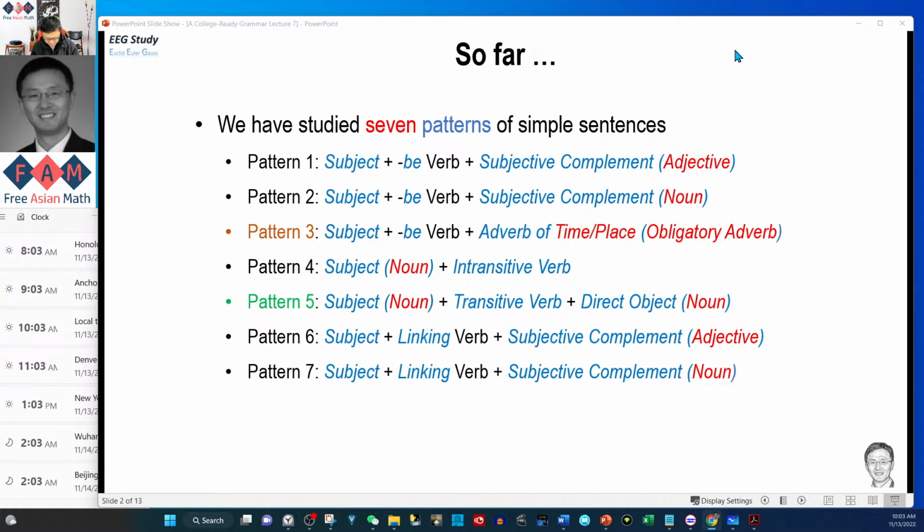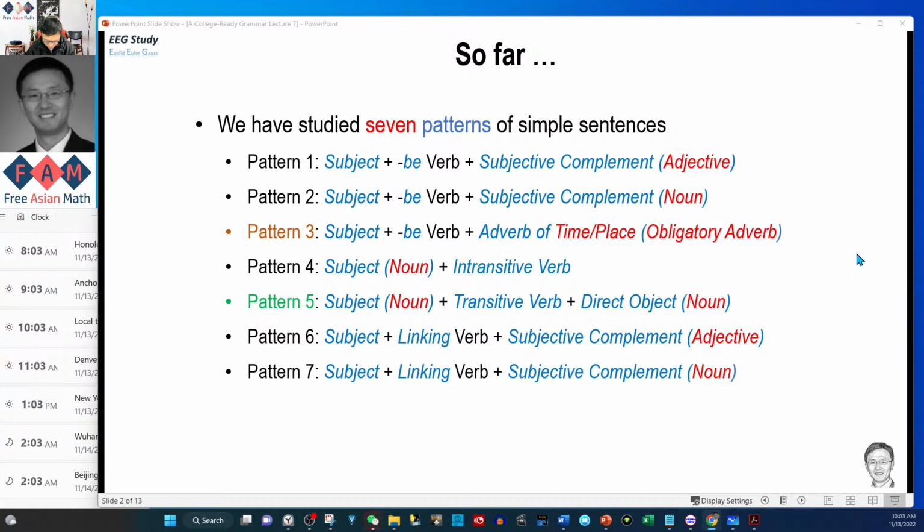You have a subject, you have a verb, which is a transitive verb. And because it's a transitive verb, it will require an object. That's why we call it the SVO for this pattern number 5. And later today, we'll see that we can extend or borrow the same idea of subject complement to object complement.